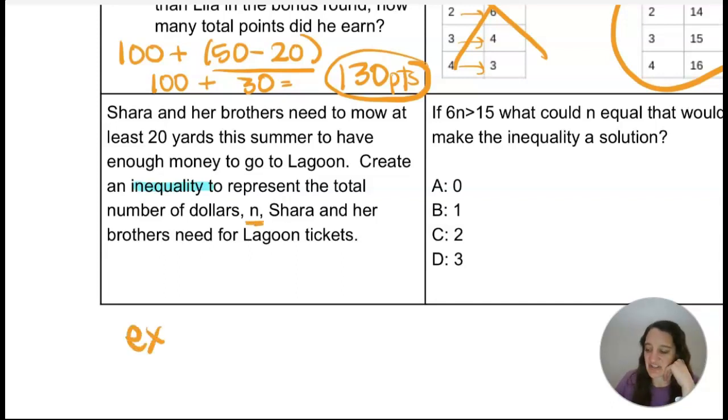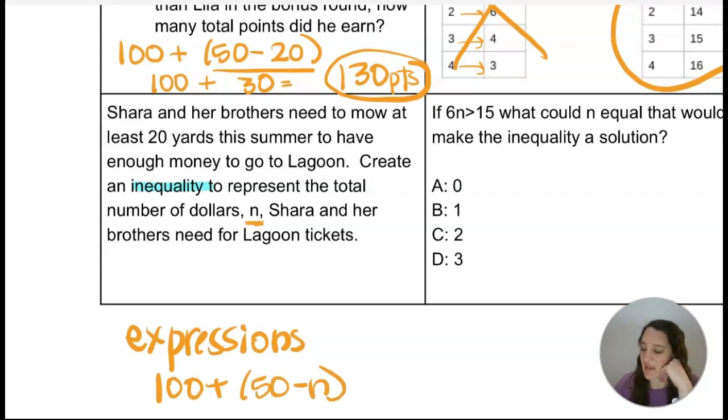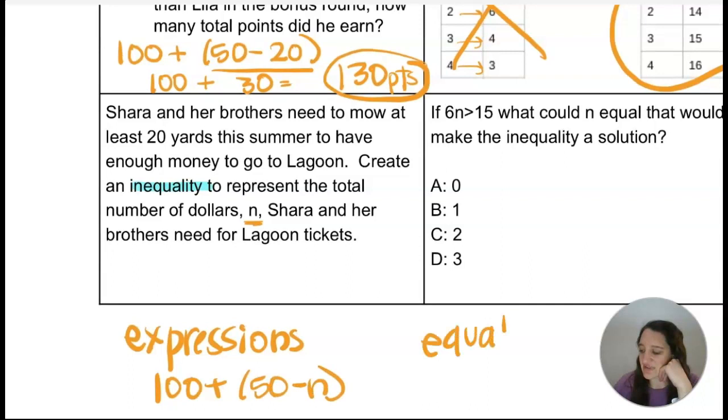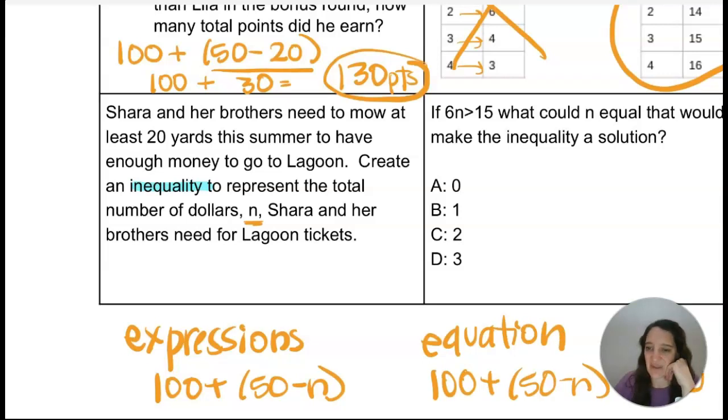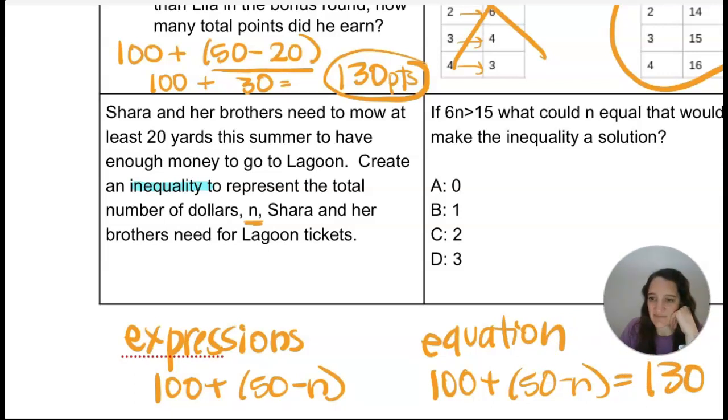We've done expressions, and that's like this. This is an expression, okay? An equation is this, but with an answer, right? Get out of the way, Miss Matson. That's an equation. It just includes the equal sign.